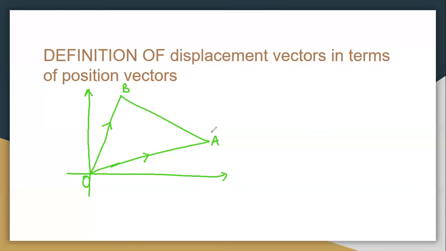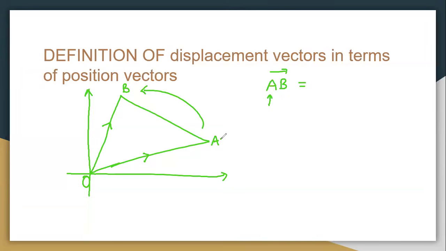Now, in case I want to obtain A to B, as long as it is in terms of position vectors, ask yourself at this level, I know they might have just given you a formula, but you need to know how it comes about. So A to B, like we have said from the previous slides, A shows where you start from.